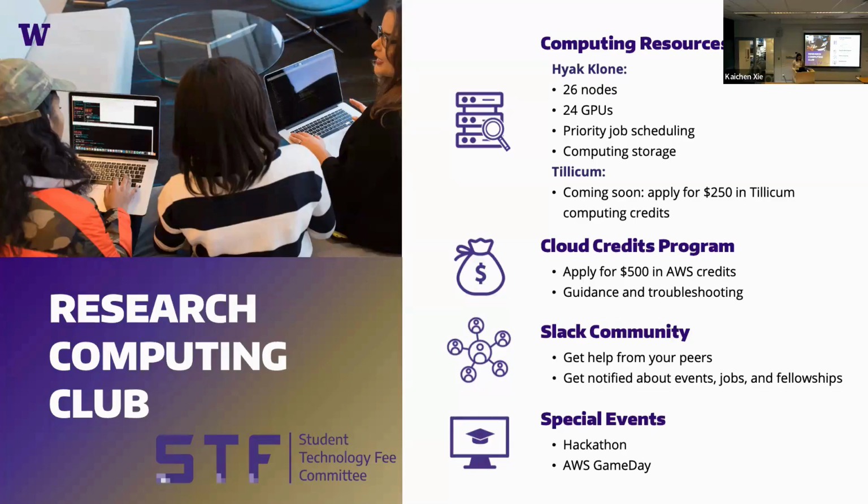And RCC also has an active Slack community where we regularly post updates about training and job opportunities relevant for folks interested in developing further in computing. And each year with UWIT and eScience, we host a hackathon where we can learn together.